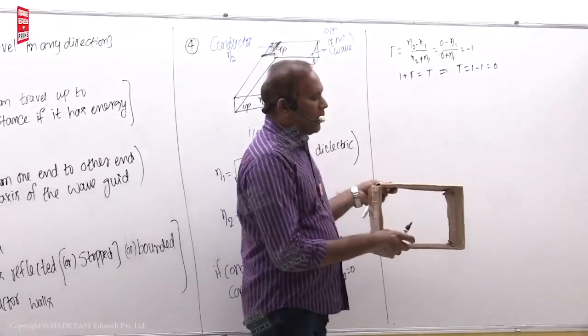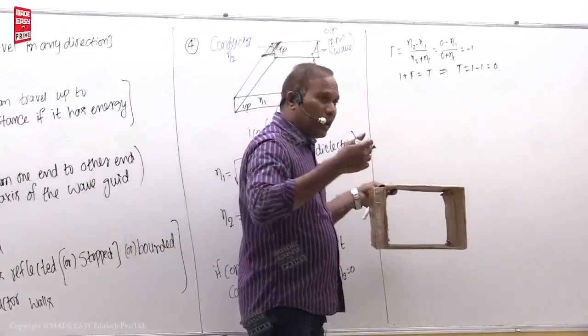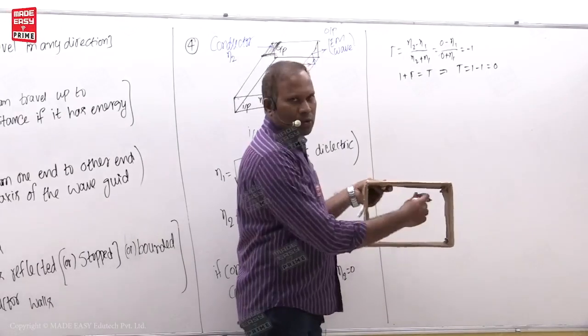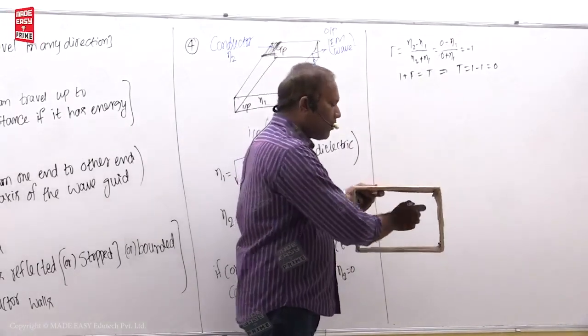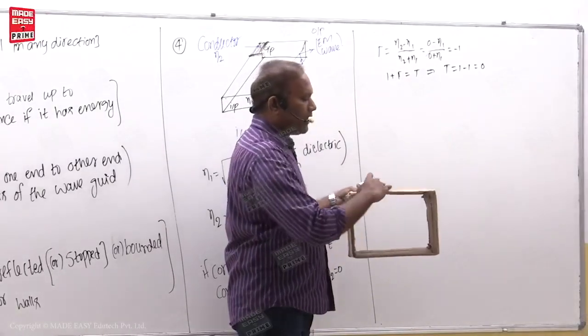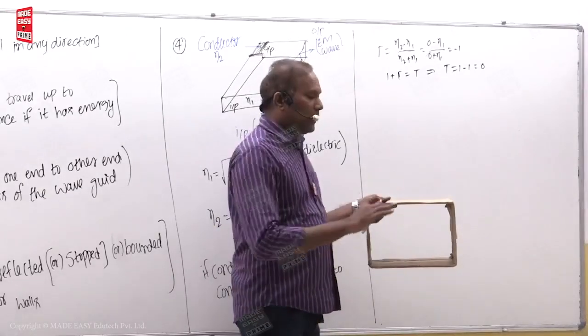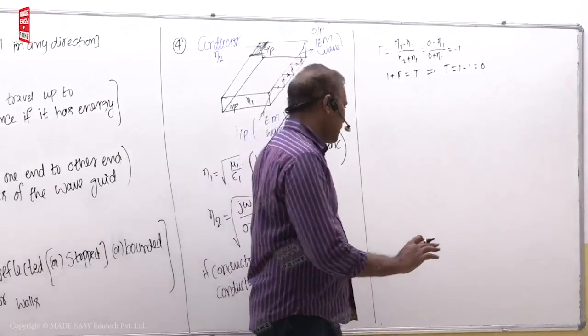In the waveguide, we are making the signal travel in this medium. So whatever signal is traveling in this medium, that only goes out. By chance, any signal that enters into the conductor walls is dissipated in the form of heat, and that is called conductor wall losses.